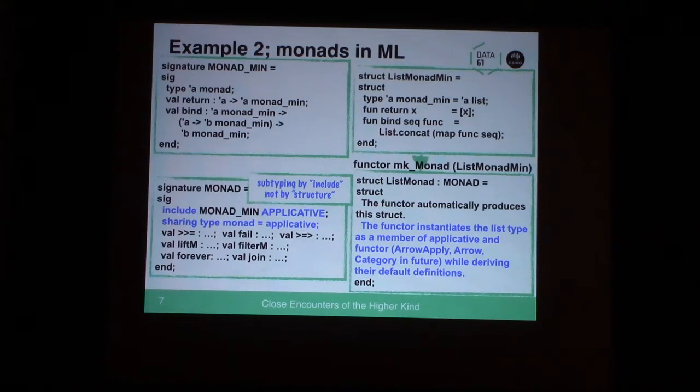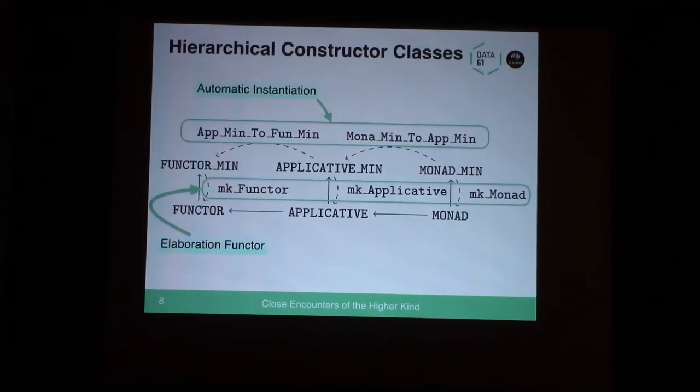We have an ML functor that generates the minimum definition as applicative out of the minimum definition as monad. And we do this recursively. This figure shows the hierarchical relation of three constructor classes.